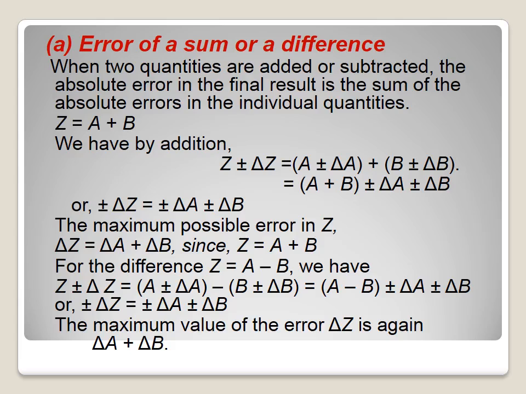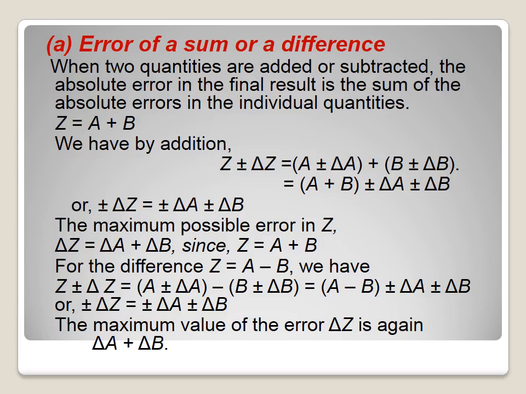Then it can be written as Z is equal to A plus B. We have by addition Z plus or minus delta Z is equal to A plus or minus delta A plus B plus or minus delta B, which is equal to A plus B plus or minus delta A plus or minus delta B, or plus or minus delta Z is equal to plus or minus delta A plus or minus delta B, where delta Z, delta A and delta B are their respective errors.